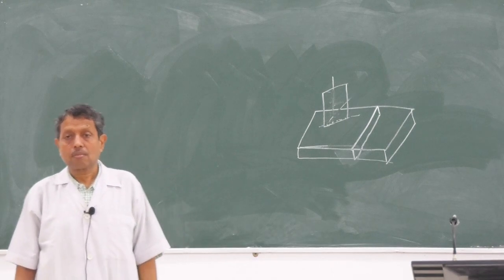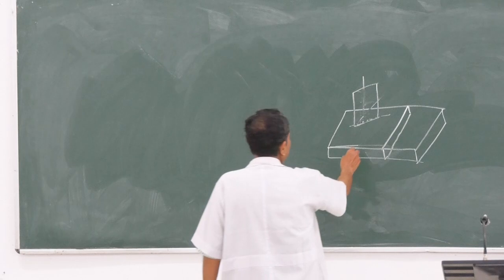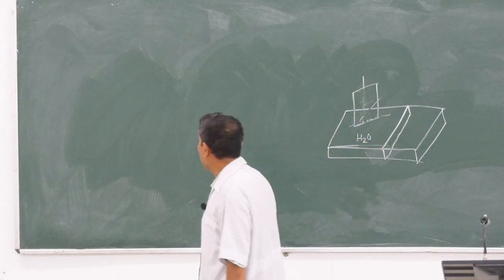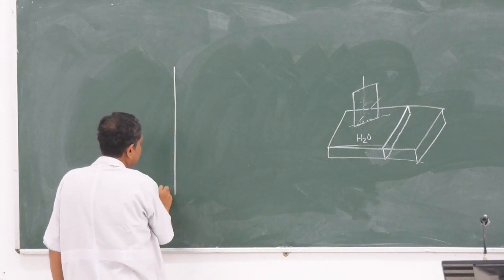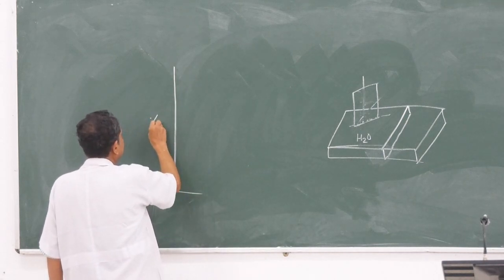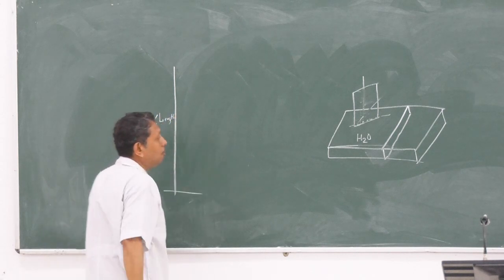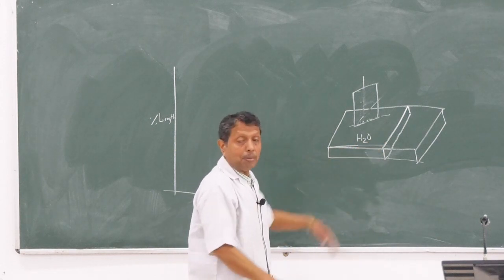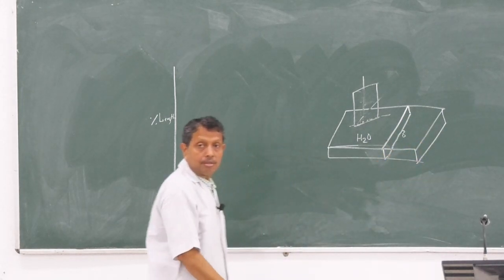Clear? Suppose you take water in this case, simply distilled water, and you can draw a graph according to the percentage of length covered by moving this barrier on both sides.